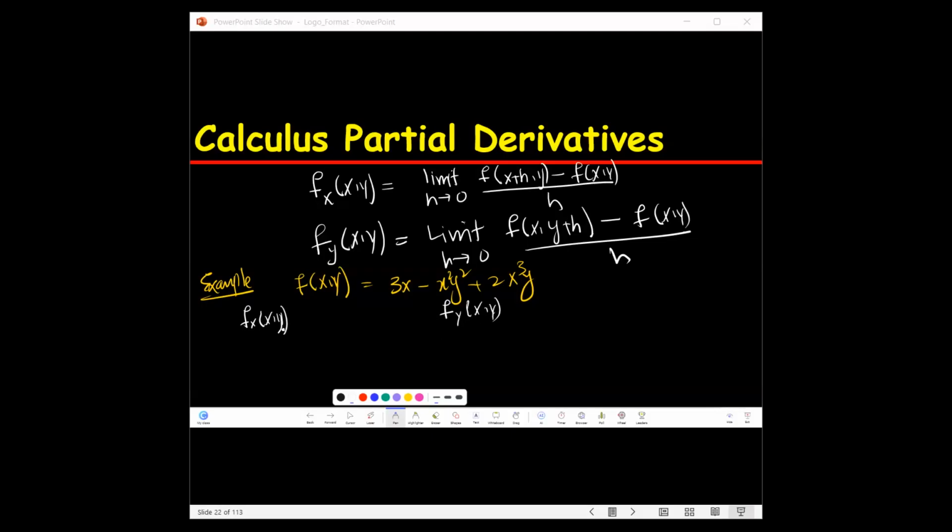If I want to take the derivative, here I'm going to treat y as constant, and here I'm going to treat x as constant.